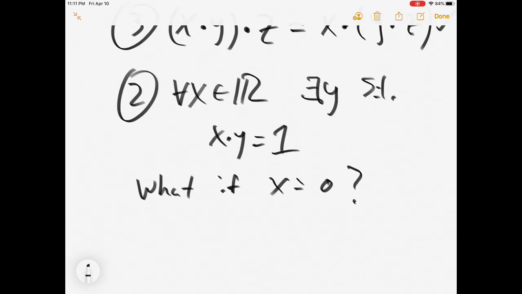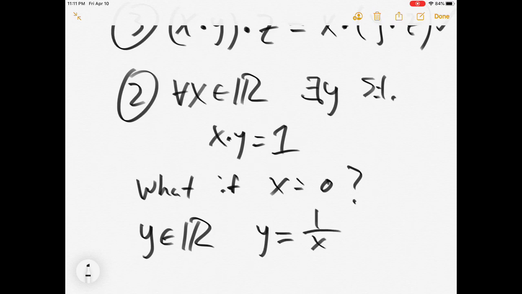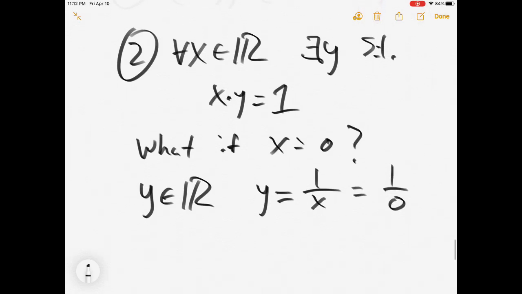Then this element y that we're assuming exists is equal to 1 over x, which is equal to 1 over 0, which is bad.